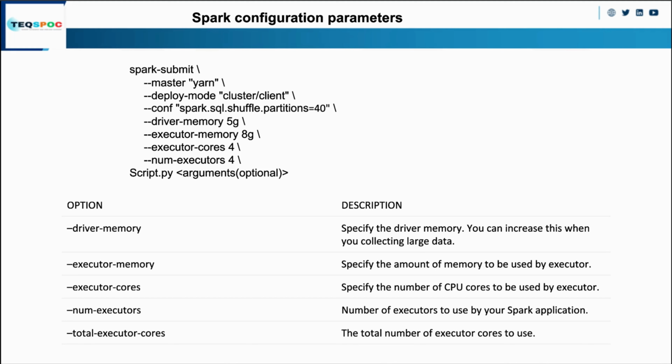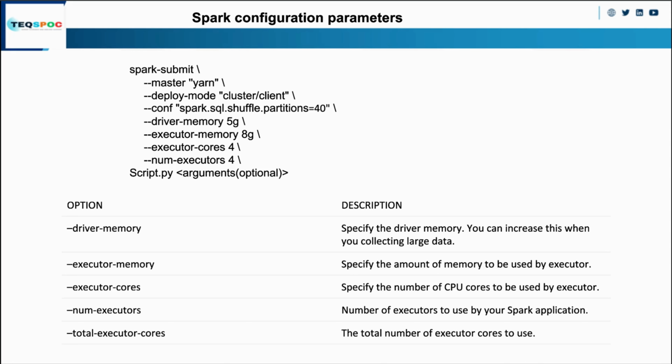In that node, how much memory my driver needs to run the job or to initiate the application, that is known as the driver memory. The driver will only take up that much amount of memory.